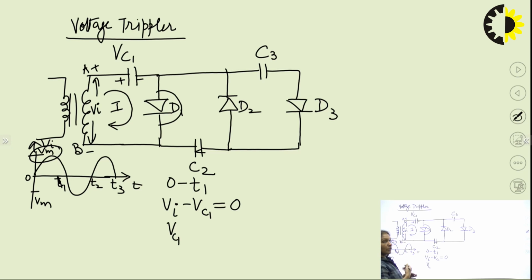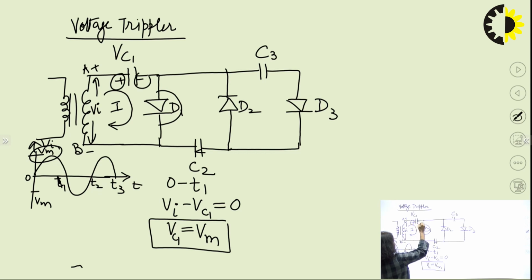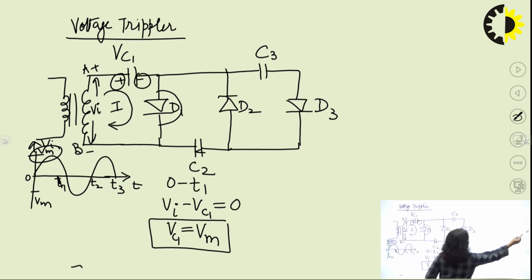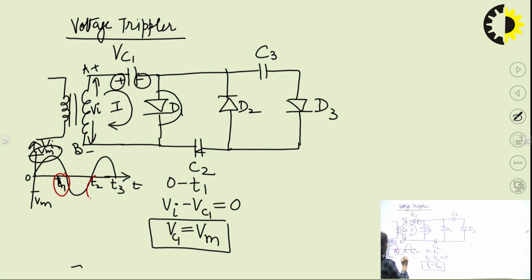So, the capacitor will charge up to the maximum value Vm. So, Vc1 will be equal to Vm. Because this value comes out to be positive, we will retain the sign across the capacitor, that is plus and minus. Now, coming to the next half cycle, that is T1 to T2.